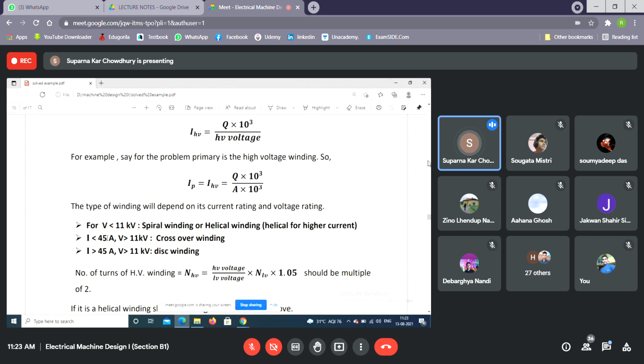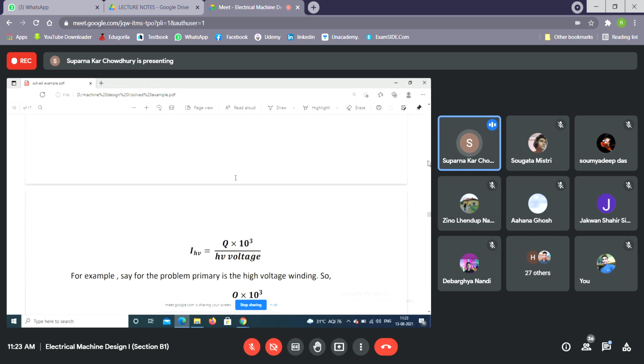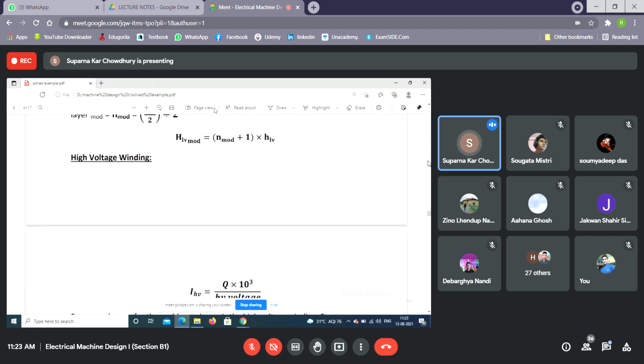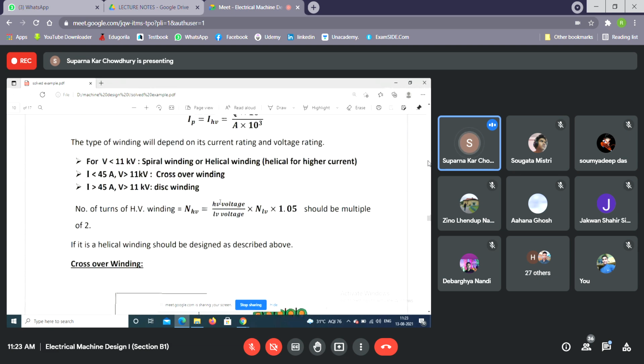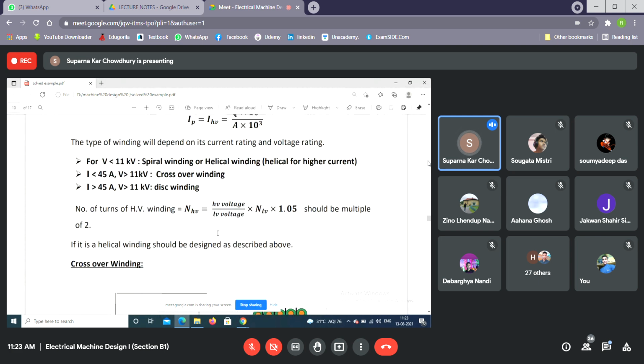If the current is less than 45 ampere and voltage greater than 11 kV, crossover conductor is used. If current is greater than 45 and voltage is greater than 11 kV, disc windings are used. So if your high voltage rating is say 6.6 kV, obviously your high voltage winding also will be helical. The basic logic will be the same as what we have applied for the LV winding. So I will just discuss the crossover and disc winding in detail.